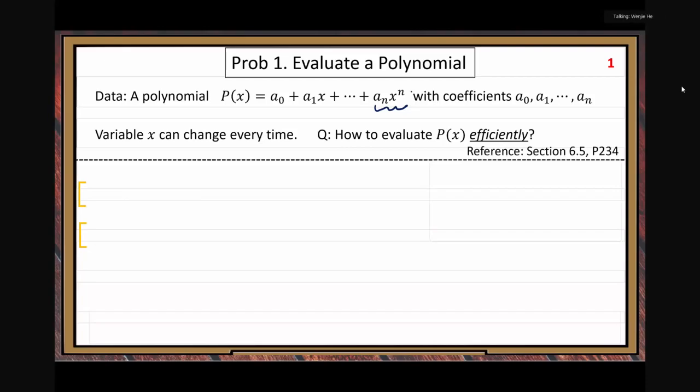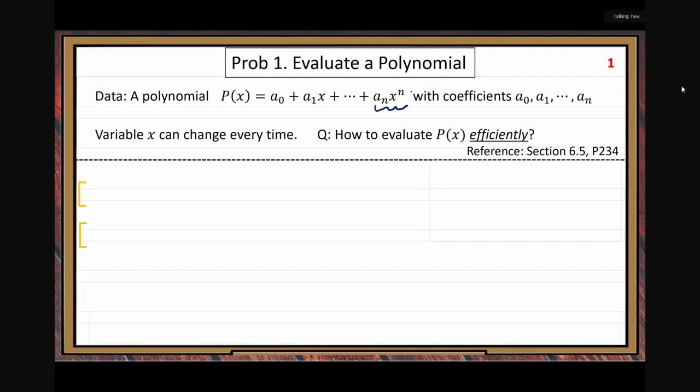So here I give you the reference. The material I select from section 6.5 at page 234. For this material, I didn't follow the order, so I pick a later chapter topic. The reason is, after this topic, we can do our first project.